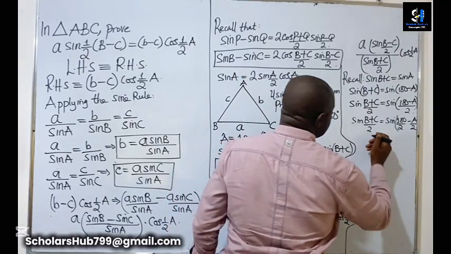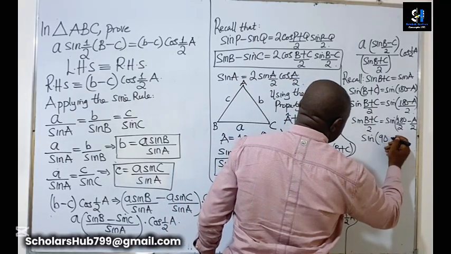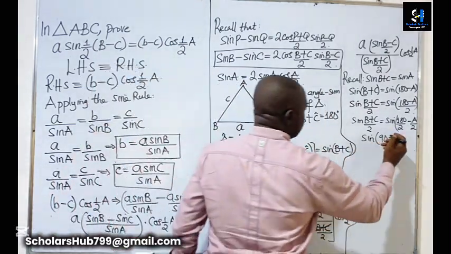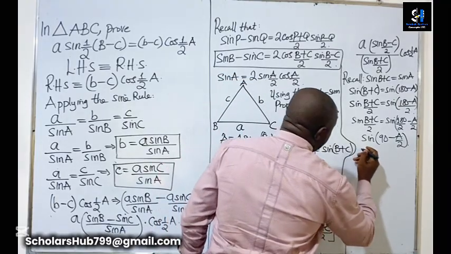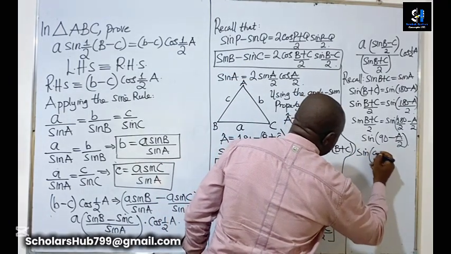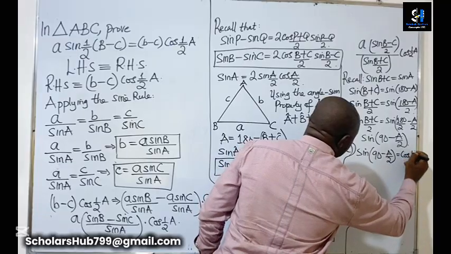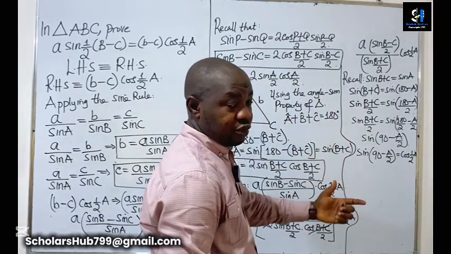This will be sine (90 degrees minus A over 2), because 180 divided by 2 is 90. Now, using the fact that sine (90 minus A over 2) is equal to cos 1/2 of A, that is the first quadrant.